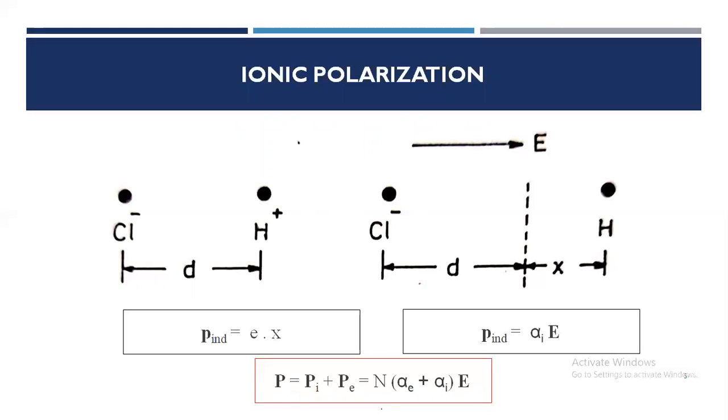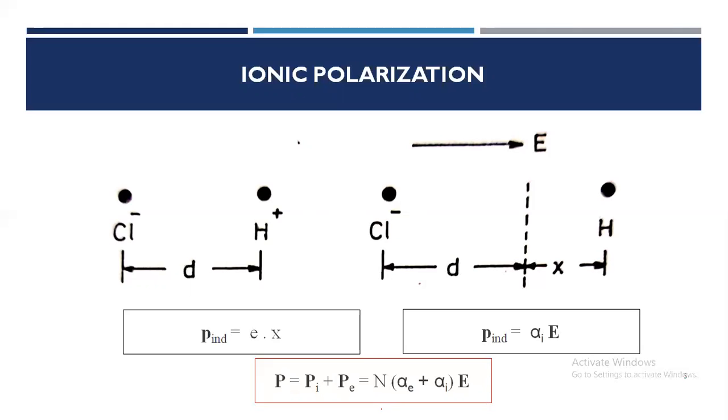NaCl. Sodium chloride, NaCl. Sodium has 11 electrons around the nucleus and chlorine has 17 electrons around its nucleus.